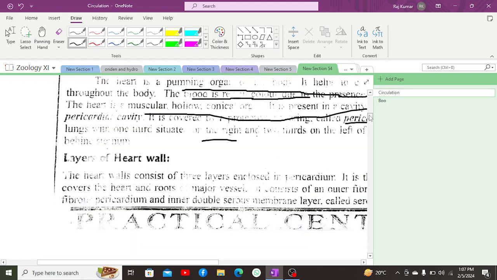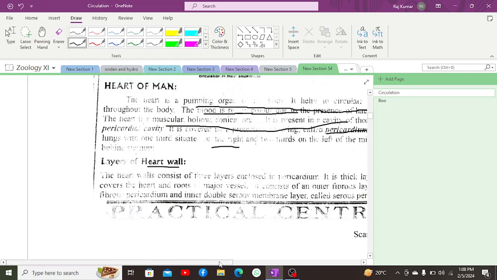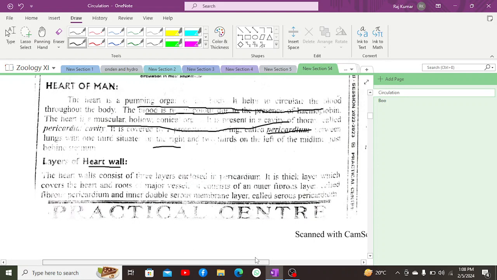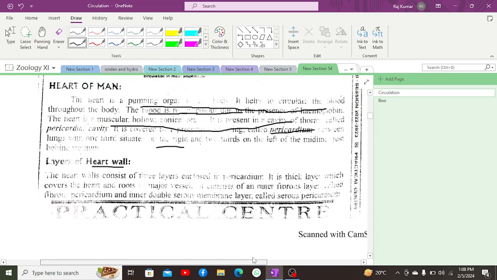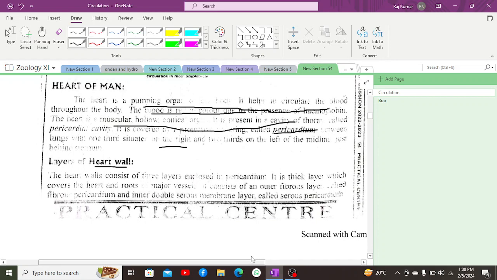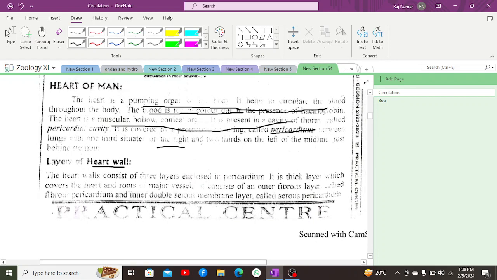Apart from which we have some basic details, such as how the layers of the heart are arranged. The heart walls consist of three layers enclosed in the pericardium. It is a thick layer which covers the heart and roots of major vessels, and consists of an outer fibrous layer, the fibrous pericardium, and an inner double serous membrane layer called the serous pericardium.